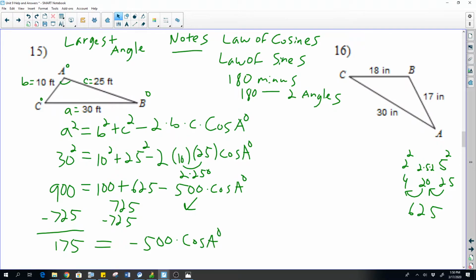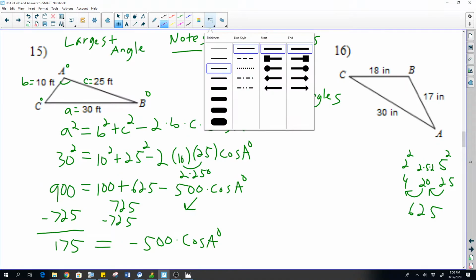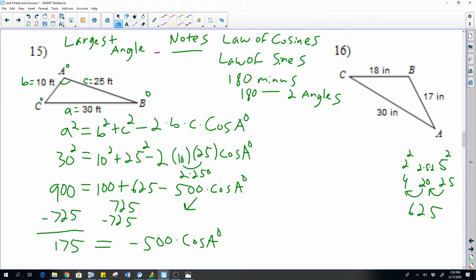Often I get very, very sad, upset students when they make this mistake. Sometimes they'll try to combine those, and that's wrong because of multiplication. Don't do it.